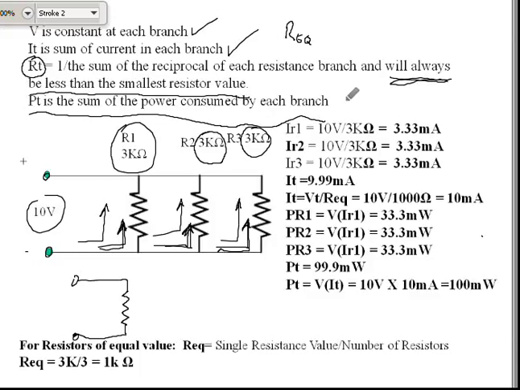Each branch current will be 10 volts over 3K ohms, which is 3.333333 milliamps. So my total current is 9.99999 milliamps, and we can round this up to 10 milliamps.